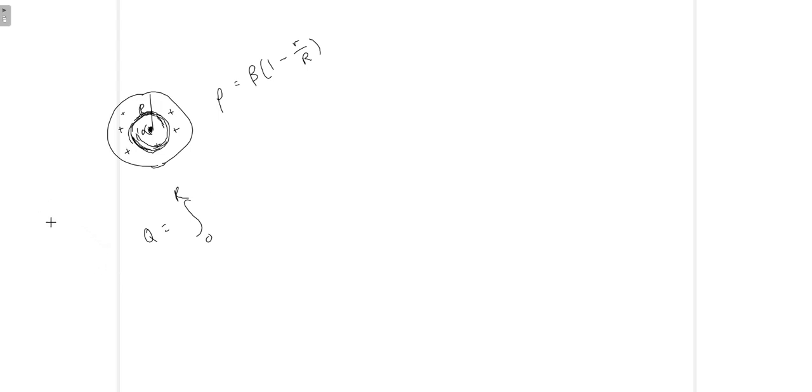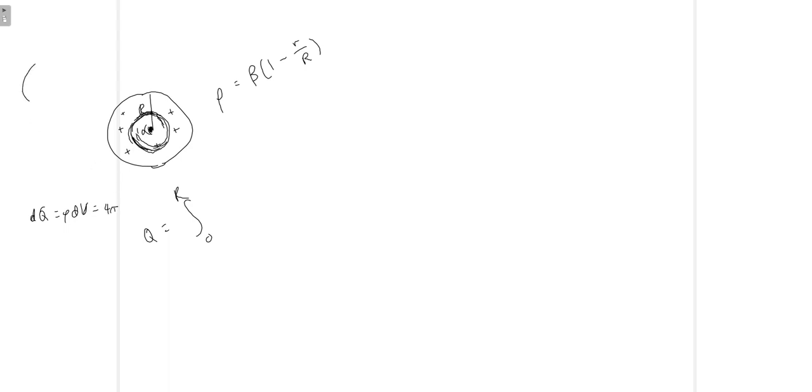Another way to write this is: each small layer, kind of like an onion we're adding together, has a certain amount of charge. How much charge it has is equal to this charge density times the differential amount of volume. Each differential amount of volume is going to be equal to the surface area at that distance from the center.